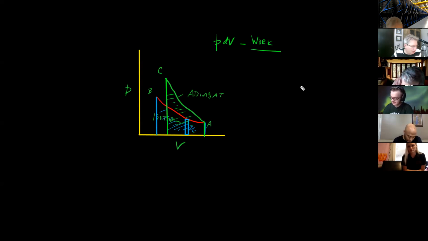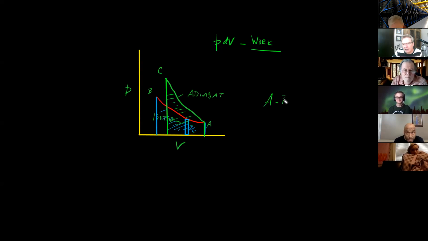Okay. So which one, if I'm going to expand, let me do it this way. I'm going to compress the gas. So I'm going from A to B. Now let's go A to B, or A to C. It takes work to compress a gas.